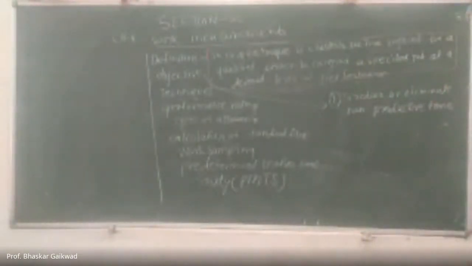This is the first objective of work measurement, to reduce or eliminate non-productive time. Suppose we are manufacturing this job. While manufacturing this job, we can reduce or eliminate non-productive time. Which is that non-productive time?